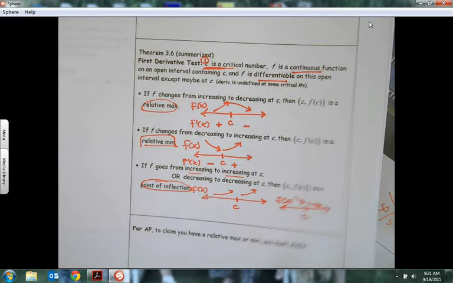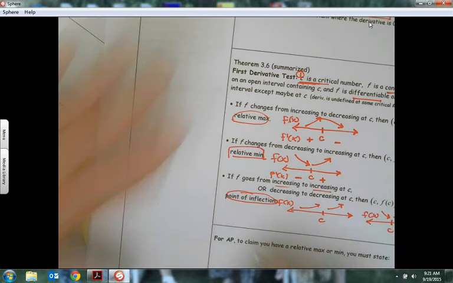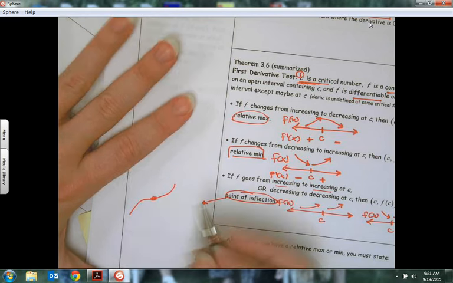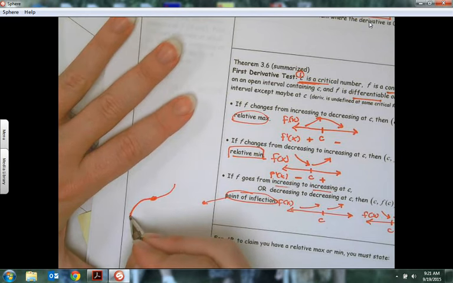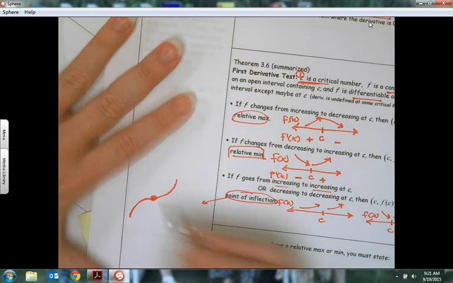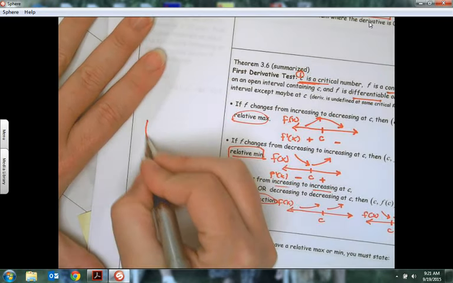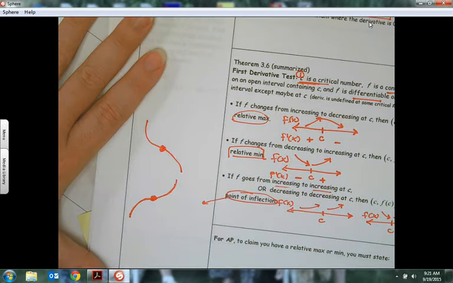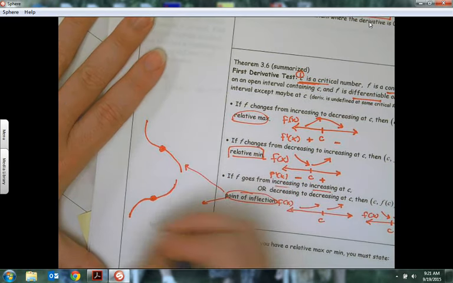So point of inflection, if I kind of just recall, it's going to change concavity. So I'm going to go concave down, shaped like a frown, to concave up, shaped like a cup. Or I may go concave up to concave down. So those are points of inflection.